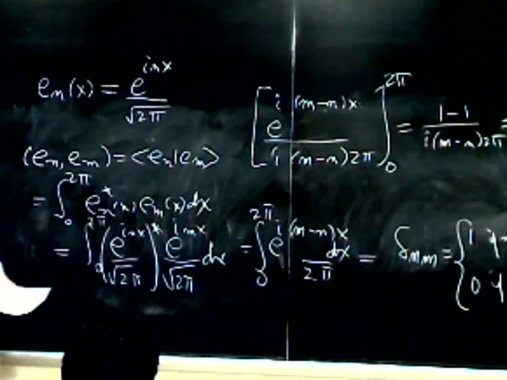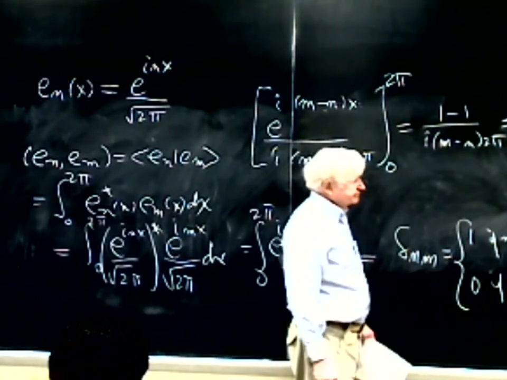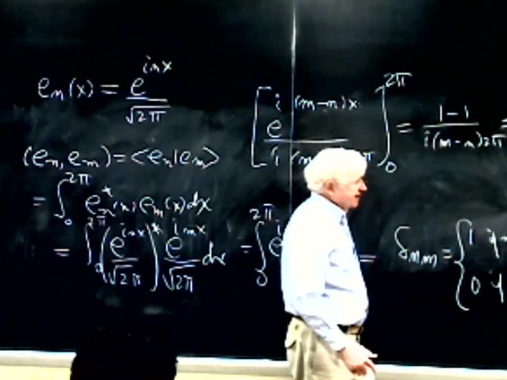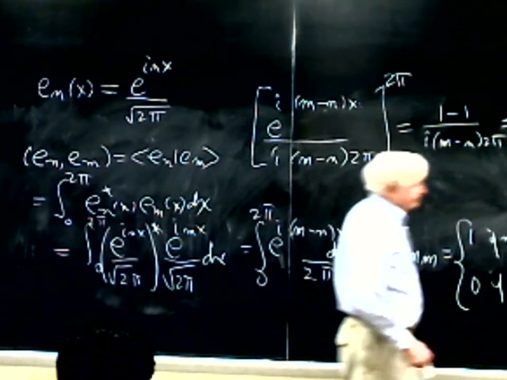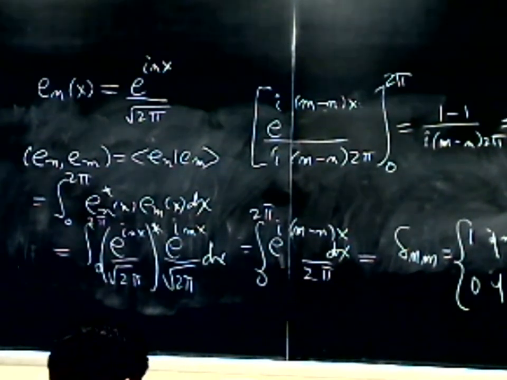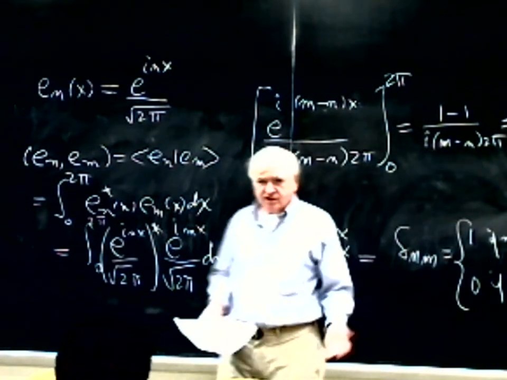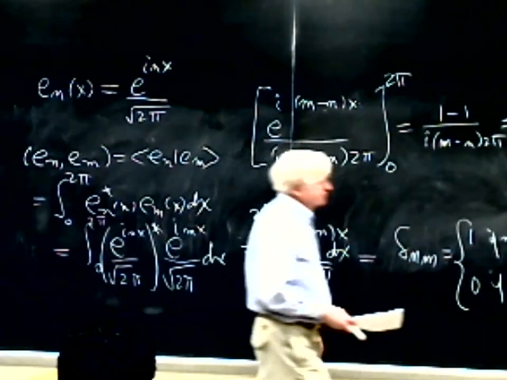Now, if the coefficients c n are all big, then it's possible that this series doesn't converge. That as you sum out from minus infinity to plus infinity, the thing just goes all over the map, in which case that's not a good representation.